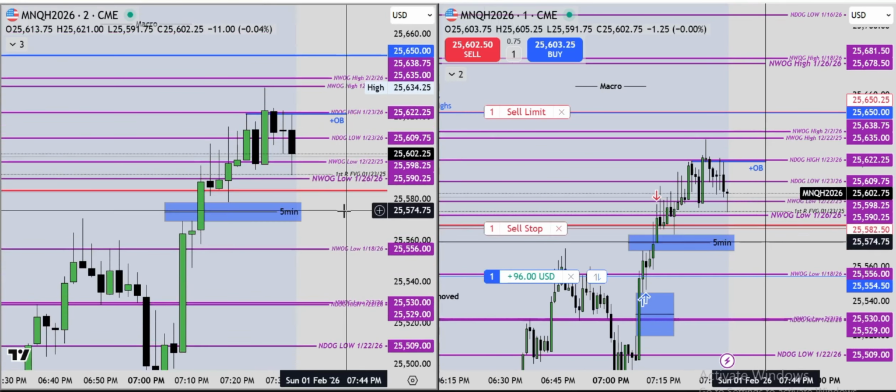Now, between those two fair value gaps, I'm focused more so on the bottom one because it's above the mean threshold of that order block, and the one above it is not as large. So I'm kind of disregarding that. My focus is on that bottom one.